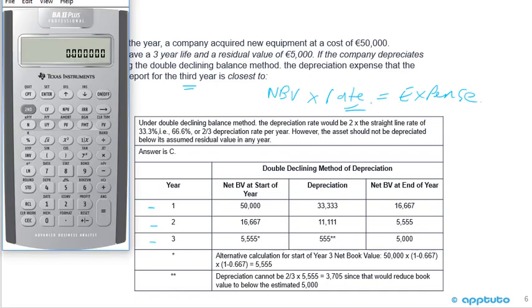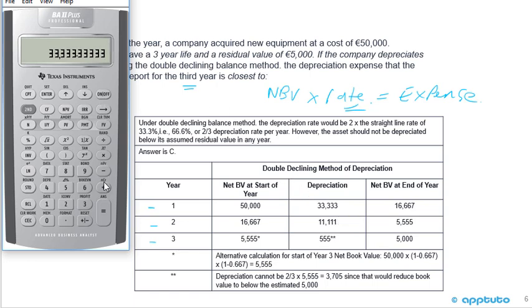So if I bring up my calculator here, that's going to be 1 divided by 3 times by 2. You can see that we're going to have a rate of 66.67%, okay? So if I multiply that by, at the beginning of the year, first year, it's going to be 50,000, which is the book value. I'm going to have a depreciation expense of 33,333.